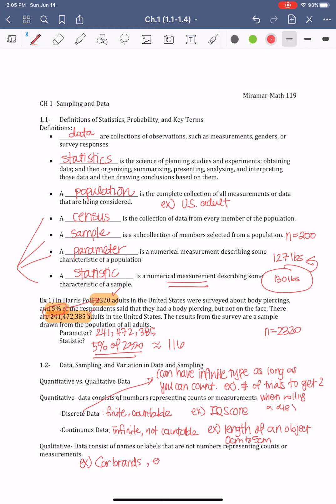Another one, eye color. Eye colors involve names and labels: blue, hazel, brown. Hair color is also another qualitative data. There are a lot more, but I'm just giving you a few examples. Okay, so quantitative, qualitative. Okay, let's go to the next page.